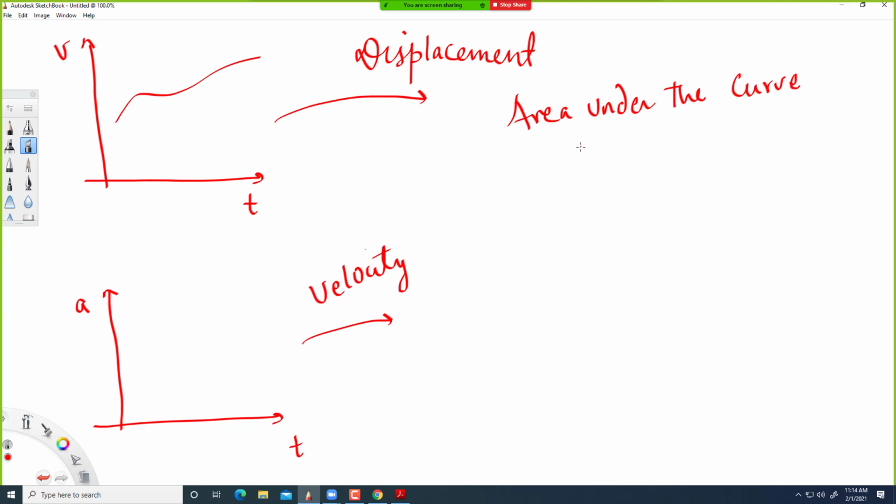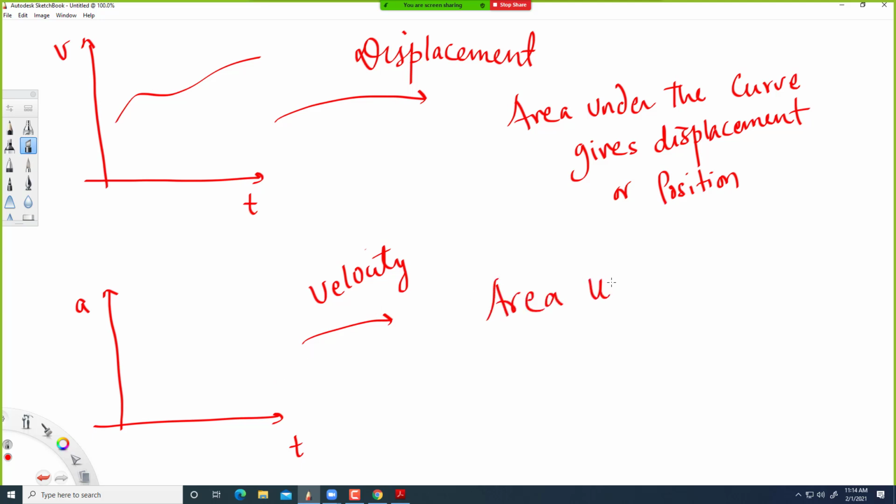That gives you the displacement, or you can also say position. Likewise here, if you have acceleration versus time, you want to find velocity, find the area under the curve. That gives the velocity.